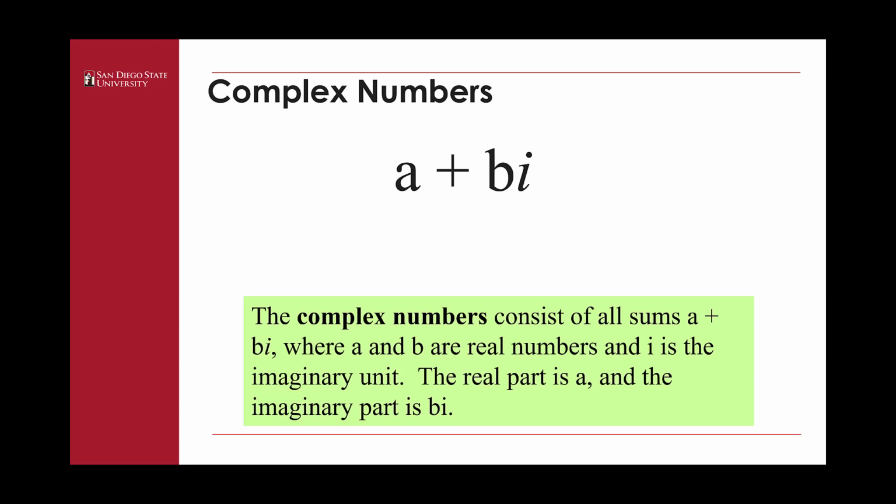This is the reason why real numbers are also complex numbers, because 25 can be written as 25 plus 0i, where a is 25 and b is 0. So we will lose the effect of I here, and 25 would be a complex number without an imaginary unit.